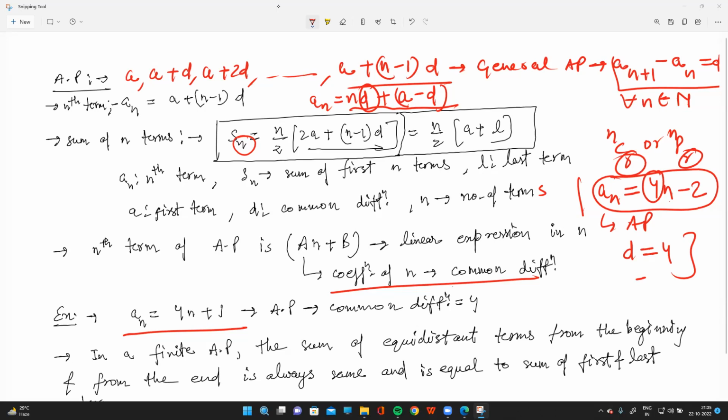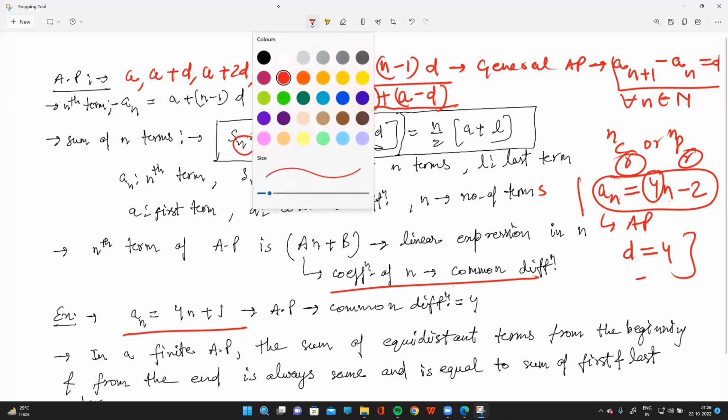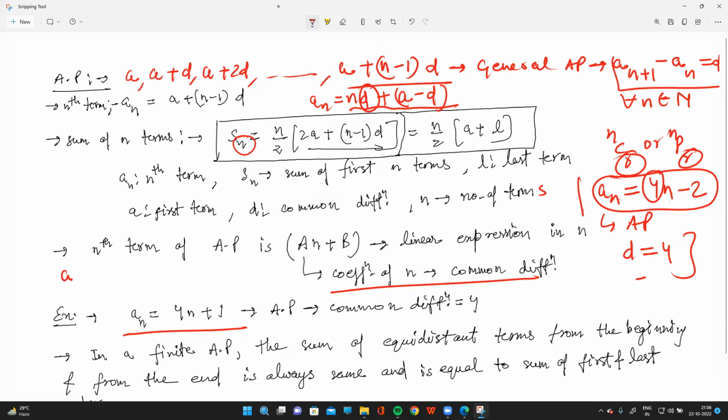So in a finite AP, the sum of equidistant terms, equidistant meaning at equal distances from the beginning and from the end. So let's say you have this AP A1, A2, A3, up to AN.